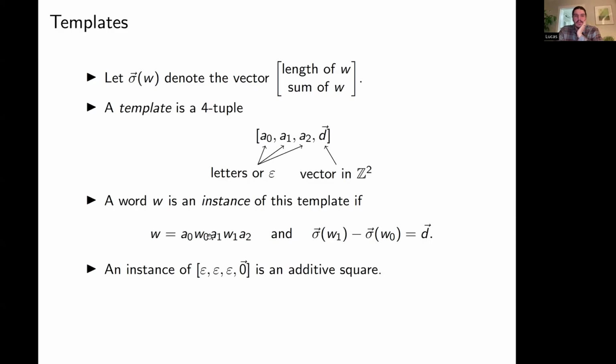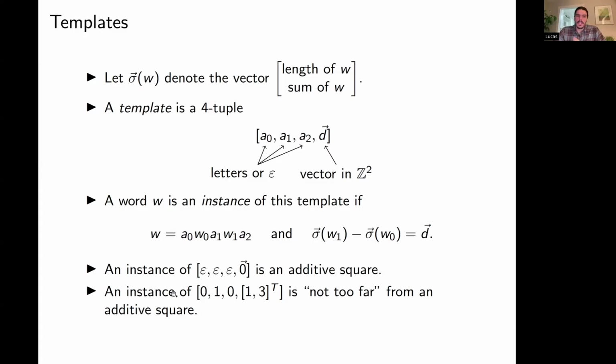We have epsilon, epsilon, epsilon, and 2 blocks, W0, W1, where the difference between their length and their sum is 0, right? So epsilon, epsilon, epsilon, 0 describes additive squares.